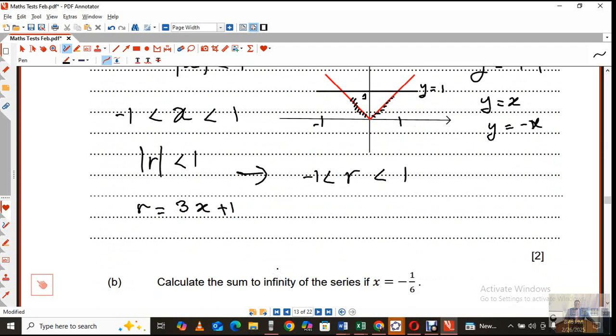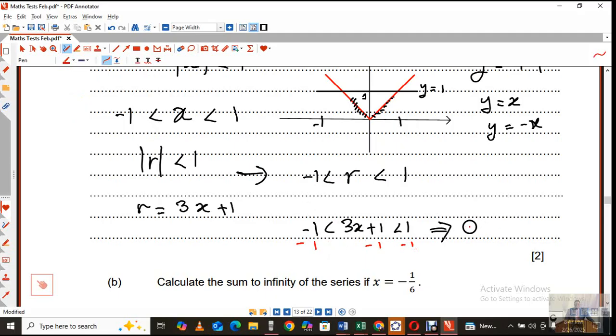So you would be expecting to say 3x plus 1 is less than 1 and greater than -1. Essentially, you make x be on its own. So from here, I'm going to subtract 1 here, subtract 1 here, and subtract 1 here.